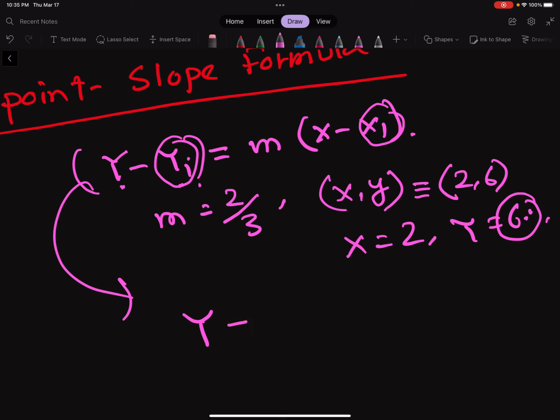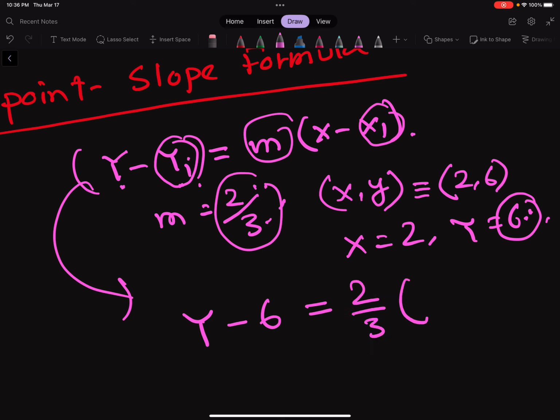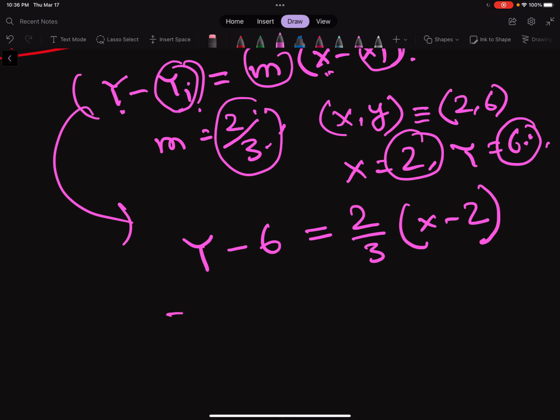So y minus y1, which is 6, equals m, which is 2 over 3, times (x minus x1), and our x1 is 2. Now we rewrite the equation, just simplifying.